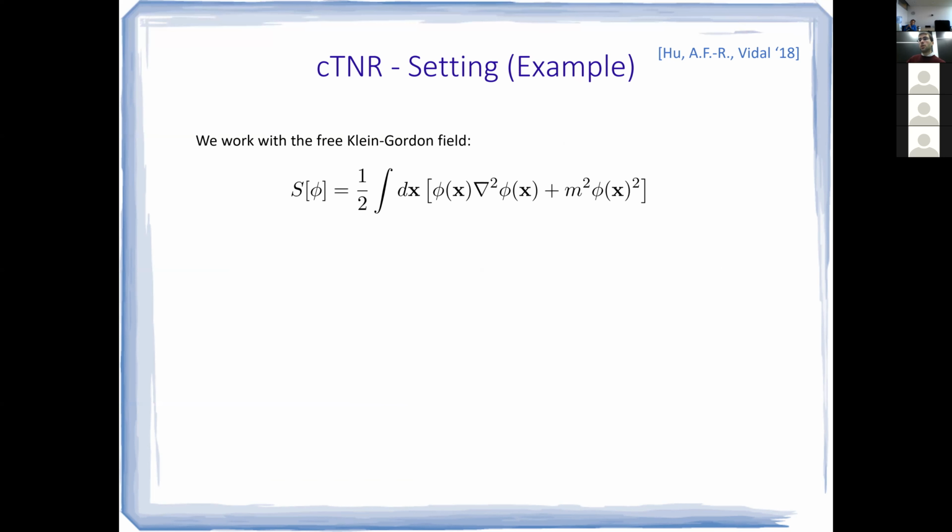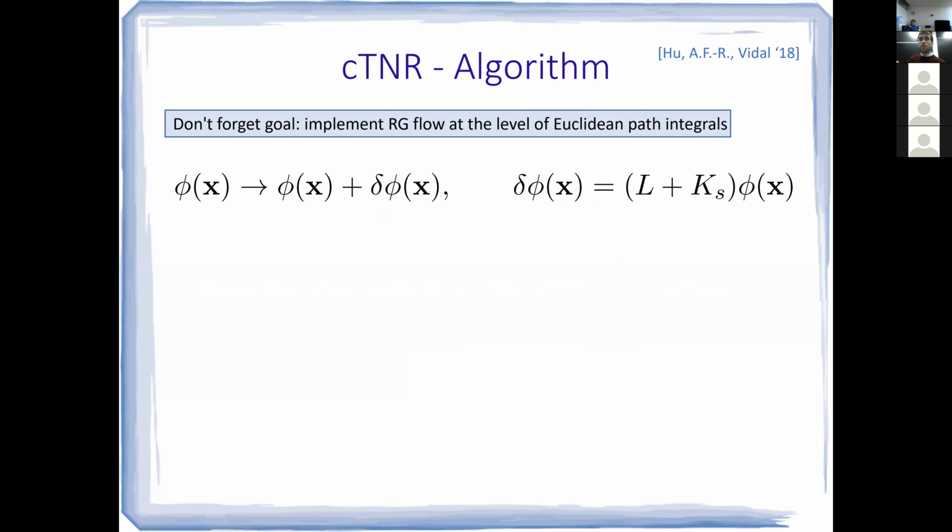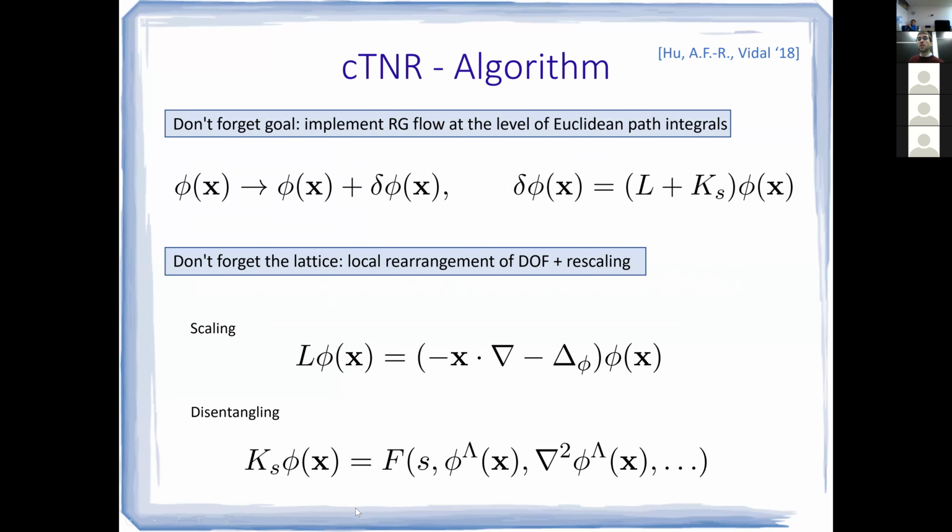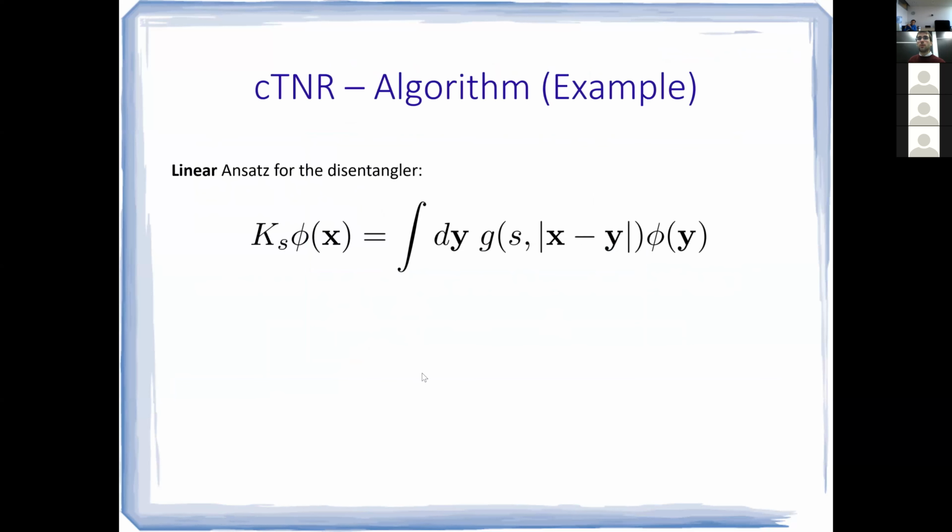So far, we don't have general proposals. Or better, we have a very general one, which is this: the disentangler should be some quasi-local function, which is of course a super general variational class of possible operators that can give you an RG flow. And in the particular case of free, linear theories, we did reduce it quite drastically to things that are linear in the fields.